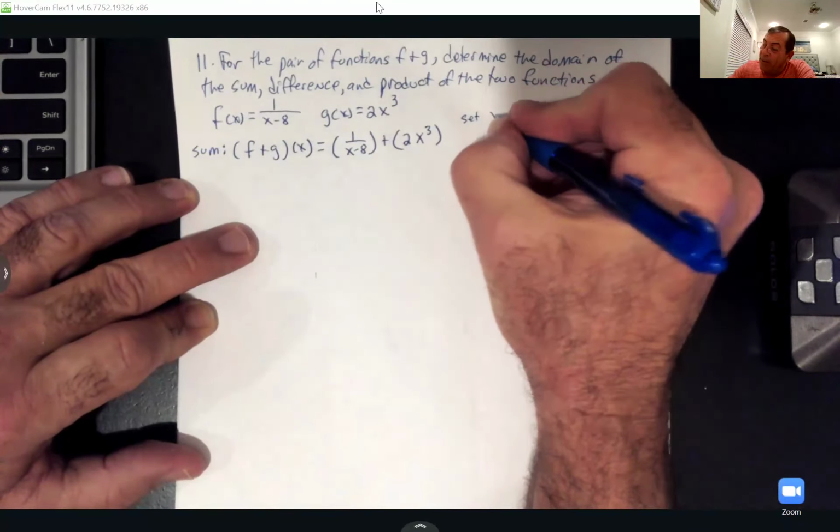To solve that, we're just going to add 8 to both sides. So you get x equals 8. That means 8 minus 8 makes that 0. 1 divided by 0 is undefined. So you cannot add that together when x is 8. So on that one, our answer will be x such that x is a real number.